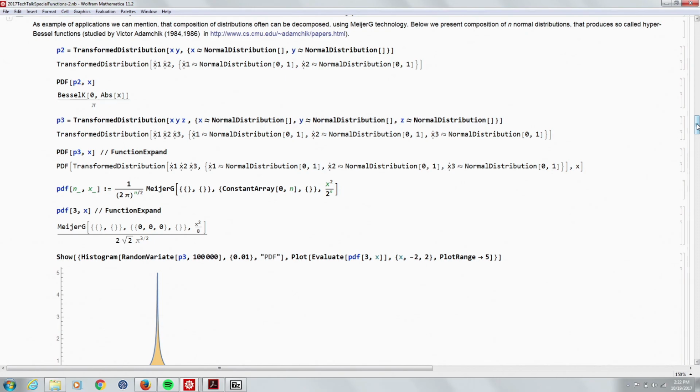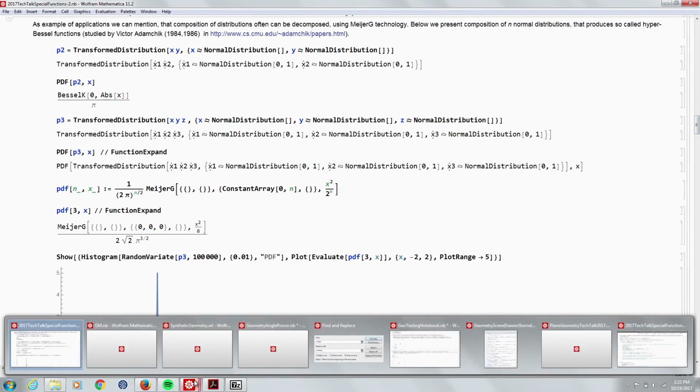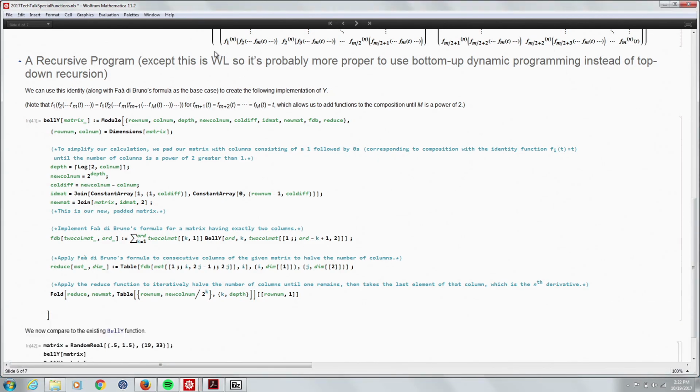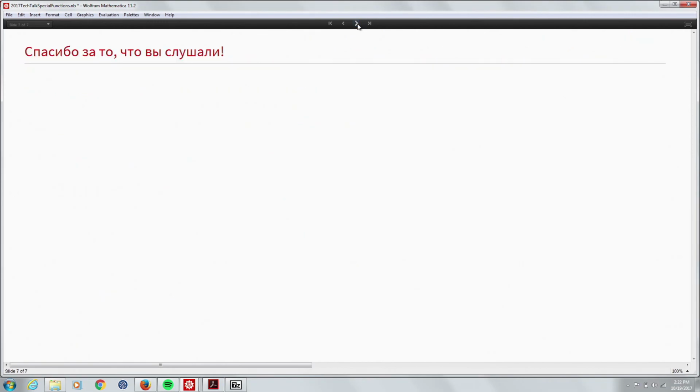For an integral function, we can take its derivative using Bell Y, and we can expand in series. Everything is doable. We have formulas which were not presented in the talk, but you can find them in my collections.